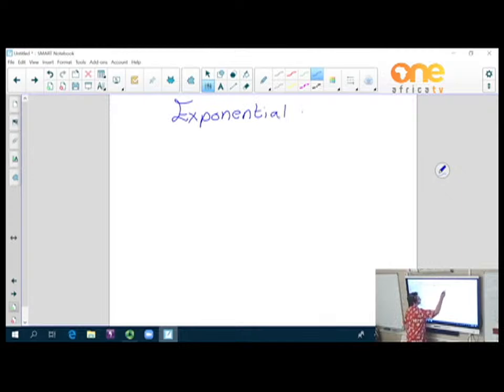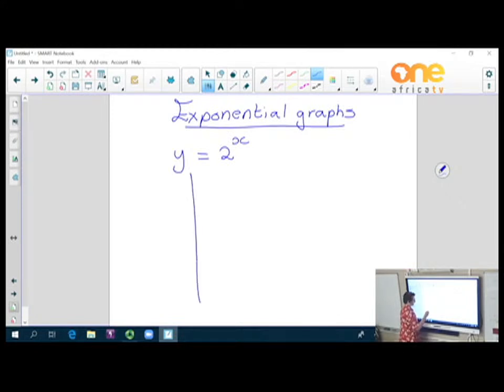And I think with this coronavirus, you're going to understand exponential graphs now very nicely, because it grows so rapidly because it is an exponential graph. So if we say now y is equal to 2 to the power of x, then this graph will look like this.